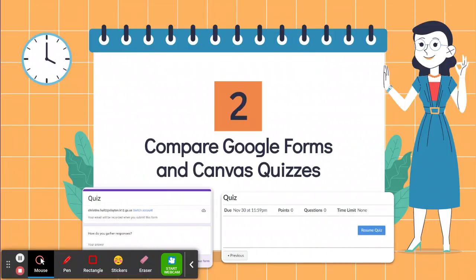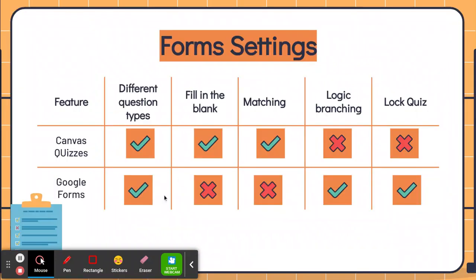And now let's compare Google Forms and Canvas quizzes. So generally speaking, the features that we have in Canvas quizzes versus Google Forms, both of them will allow for you to have different types of questions. Now in Canvas quizzes, you are able to utilize fill in the blank, whereas in Google Forms, it's more difficult because even if you ask for a specific answer, it has to be in the right capitalized or lowercase.